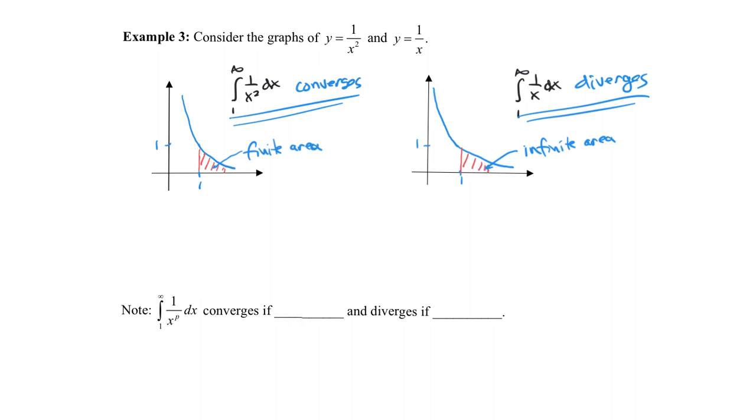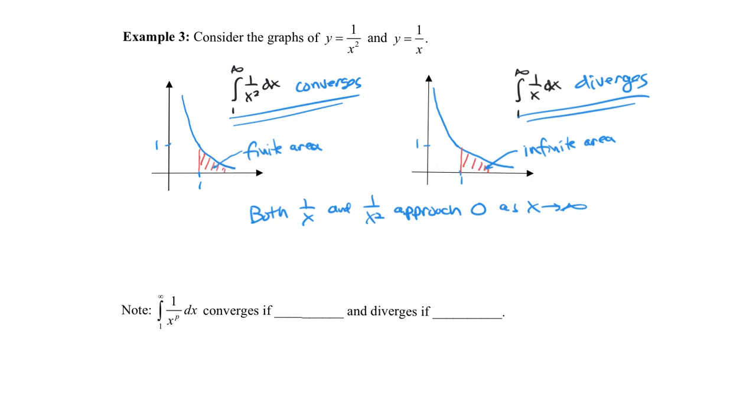So what happens is both 1 over x and 1 over x squared approach 0 as x approaches infinity. We can see that by looking at the graph. This graph is heading towards 0 in both cases as x gets bigger and bigger and bigger.